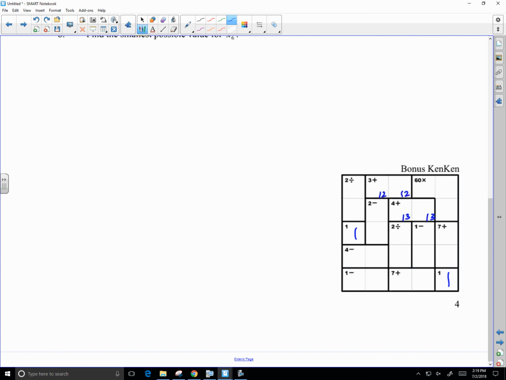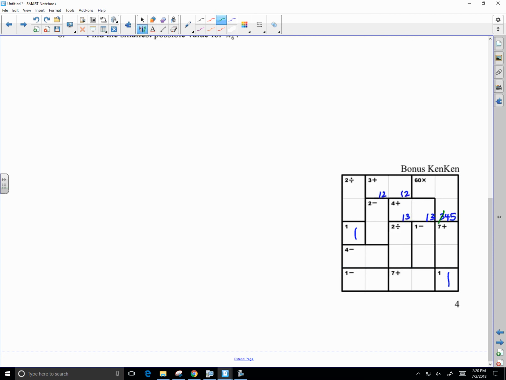Now this is a 5x5 puzzle, so I can work with the numbers 1, 2, 3, 4, or 5. This one can't be a 5 because there's nothing to pair a 5 with in order to get a quotient of 2. One of these has to be a 5, because how else are you going to get to a product of 60? 5 times 12 gives me 60, so I just got to get to a 12. So 3 and 4 is what's going to happen.